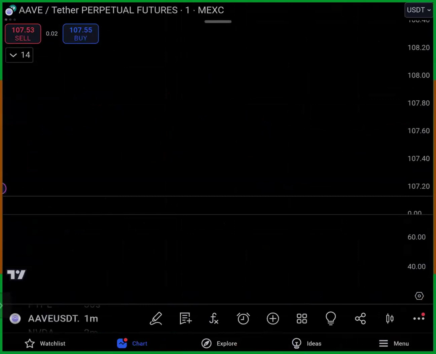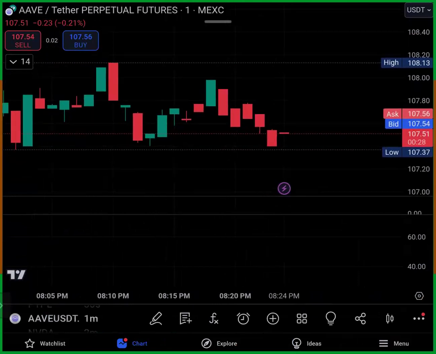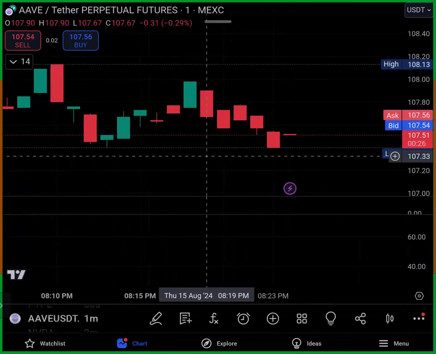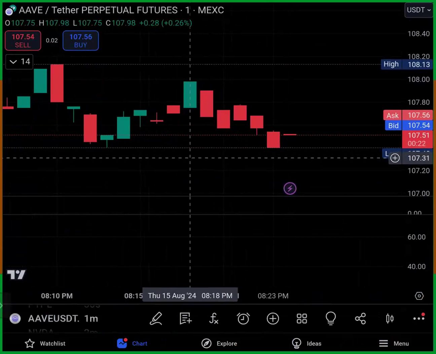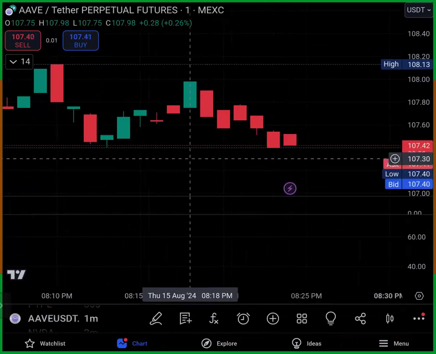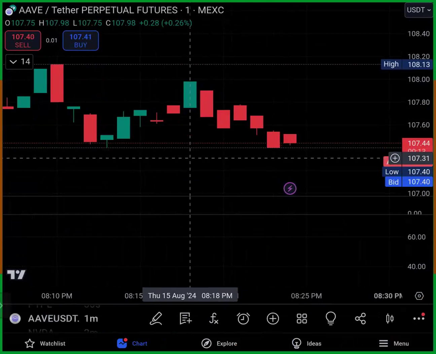All right, so we got, I don't know why this disappeared. Okay, there it goes. So we got the long candle right here. This is what you call long. So when you hear someone saying they're going long, that means that they're expecting the asset to go up.